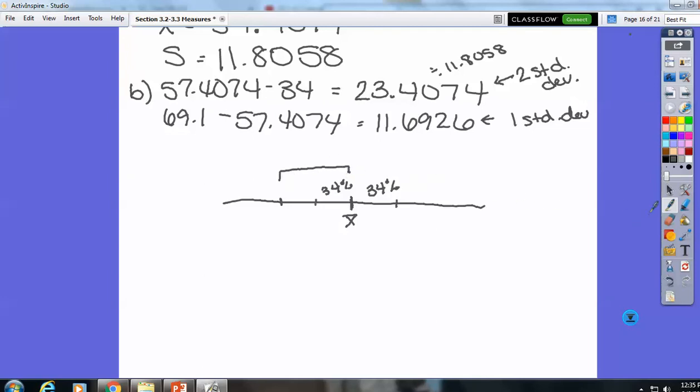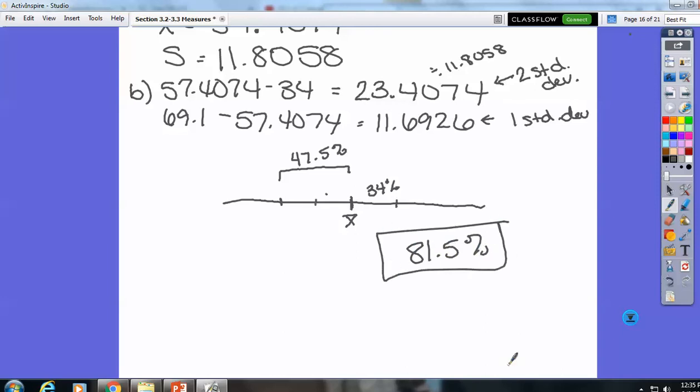Would it be easier to think about it that way? Okay, let's do that then. So instead of breaking it up into 34, we can just say we know that the second standard deviation is 95%. 95 divided by 2 is 47.5%. So if I add those together, we get 81.5% of our data should fall between those ranges.